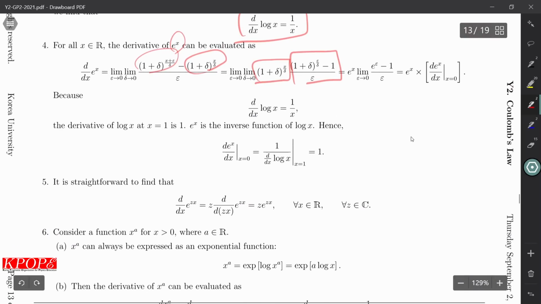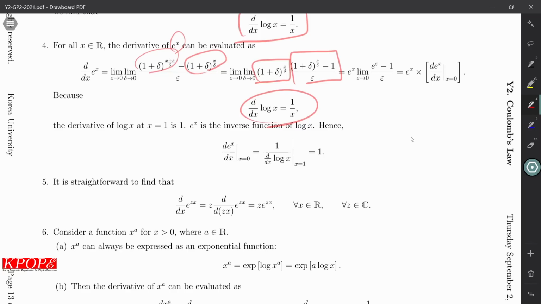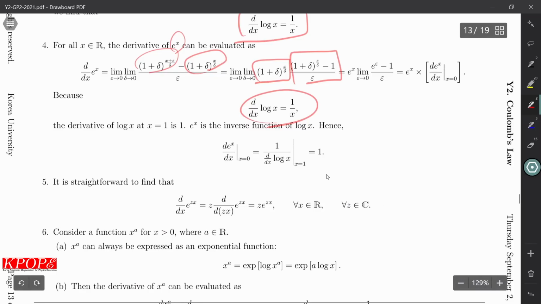Finally, that is closely related to the one that we already proved, the derivative of the inverse function. Hence, the derivative of the exponential is always the exponential.